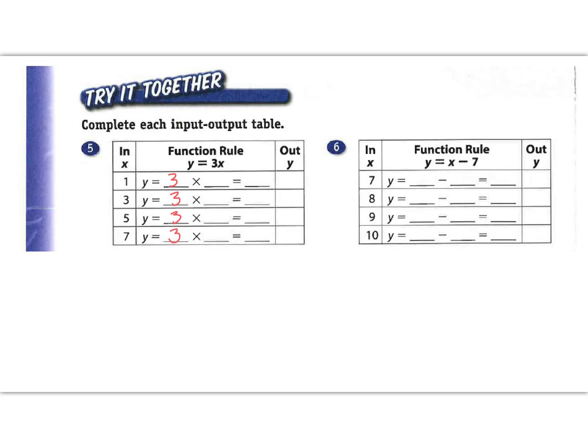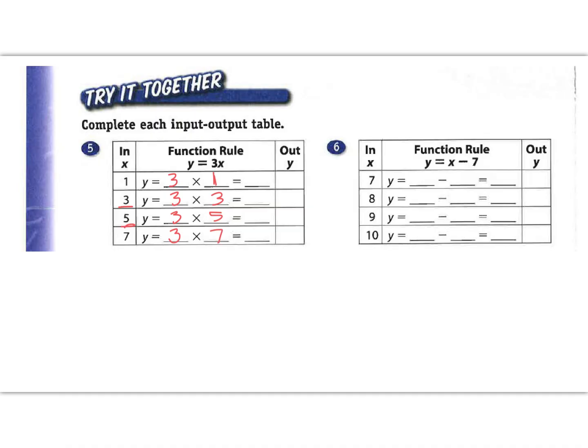Now, if you're doing 3 times x, notice they gave us all of the x's already in the input column. So let's fill those in. The first one is 1, the next one is 3, then 5, then 7.